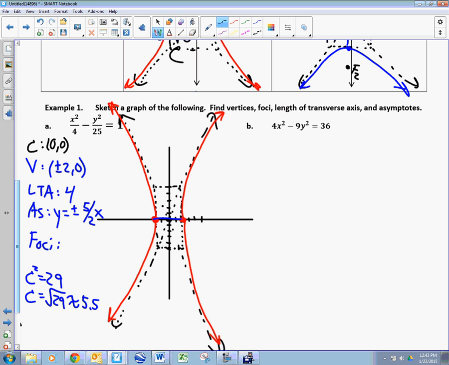Three, 4, 5, 3, 4, 5, 6. I'm going to plot those perfectly because that's the way I do things. Foci have a location of plus or minus the root of 29, comma 0.